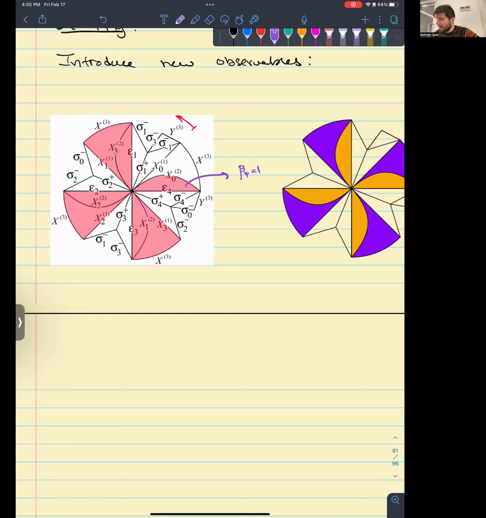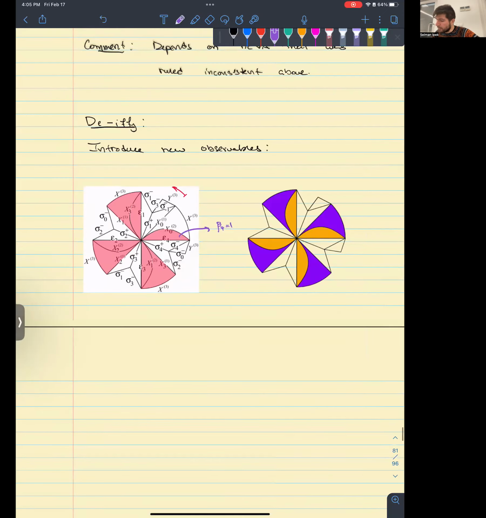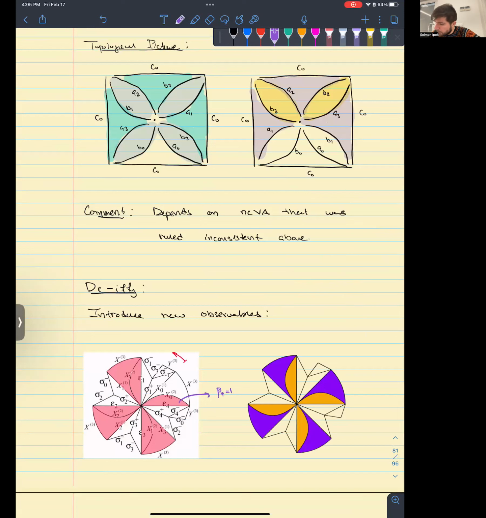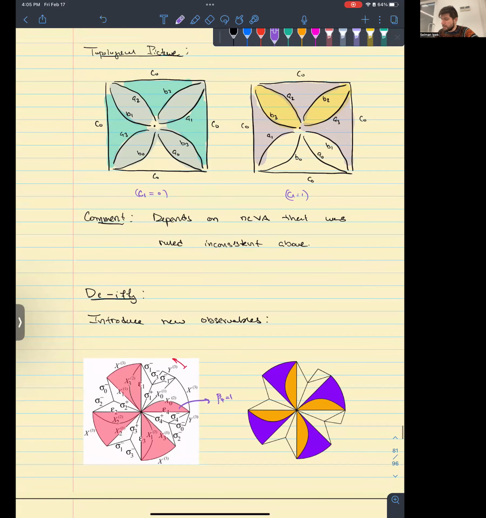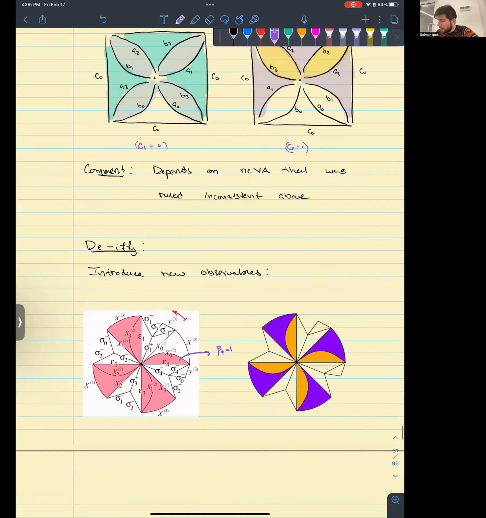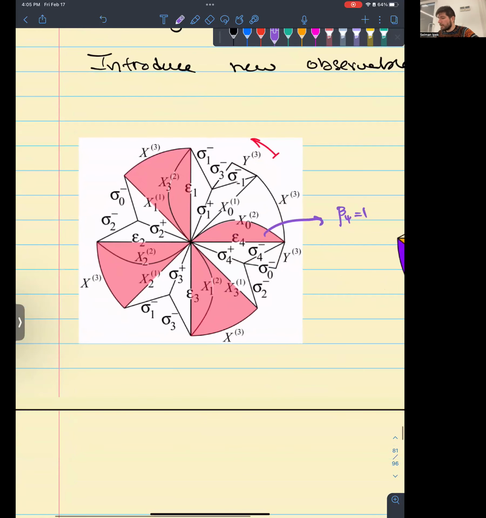And you don't have this bifurcation that depends on the value of, so here like C1 equals, now I'm not sure, but I think it's like this, C1 equals 1. In general, this value C1 might not exist because you don't have a non-contextual value assignment. So you can't condition on this value. And this picture does not require this bifurcation depending on a non-contextual value assignment.